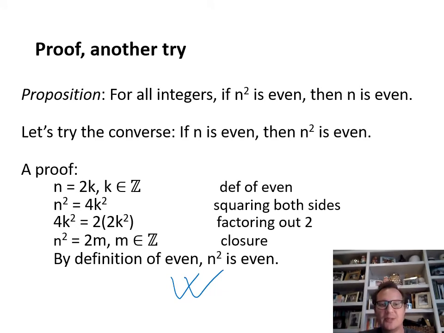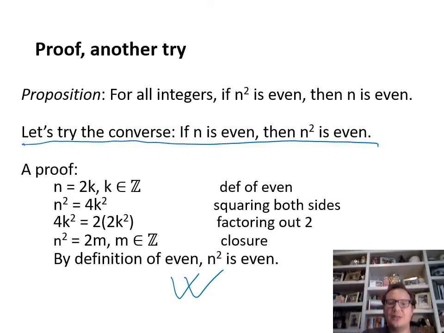So what is the problem with this proof? Well, the author made a mistake early on by actually proving the converse of this proposition. So note that the converse of an implication is not equivalent to the implication itself. Contrapositive is the one that is equivalent.